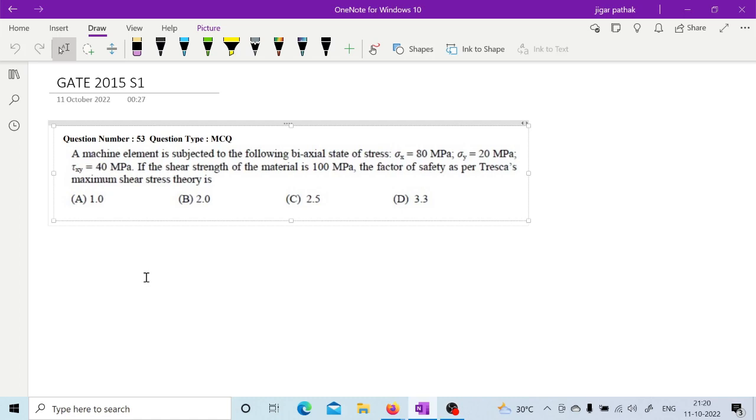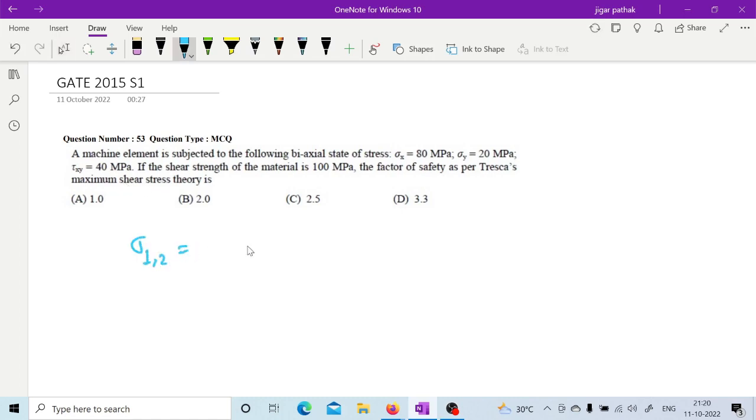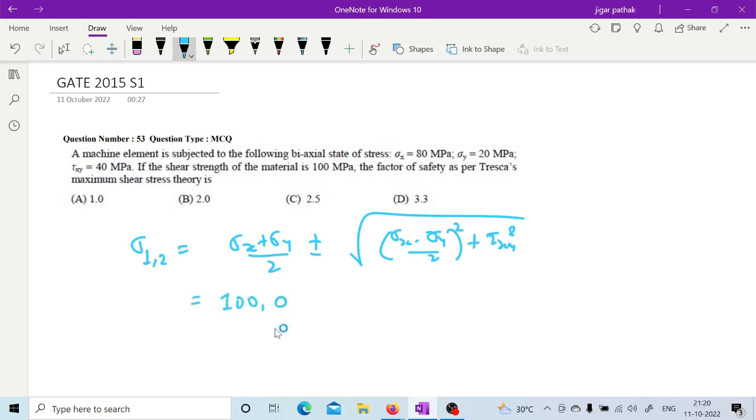So first you have to calculate sigma 1, sigma 2, which is sigma x plus sigma y by 2 plus or minus under root of sigma x minus sigma y by 2 whole square plus tau xy square. If you put sigma x, sigma y and tau xy in this equation, it will give you 100 and 0. Everybody is getting this?